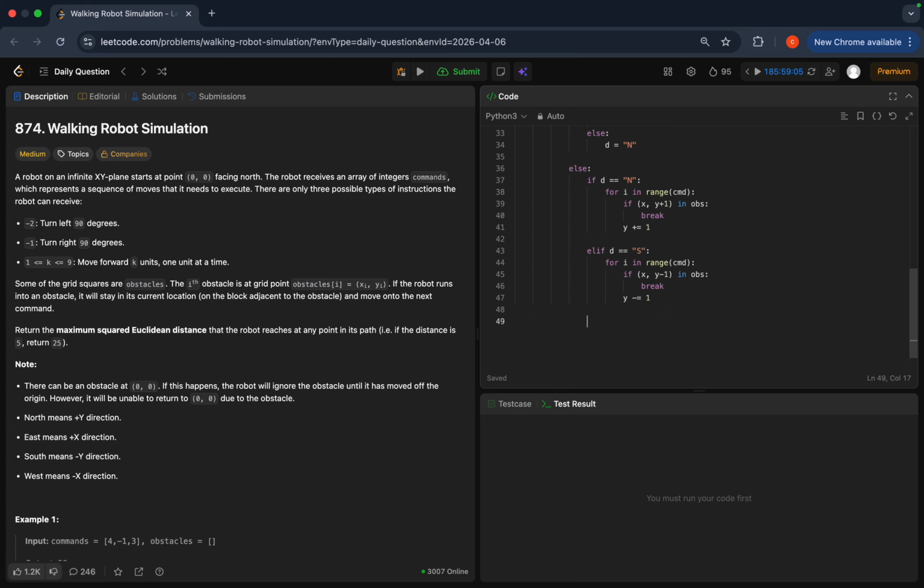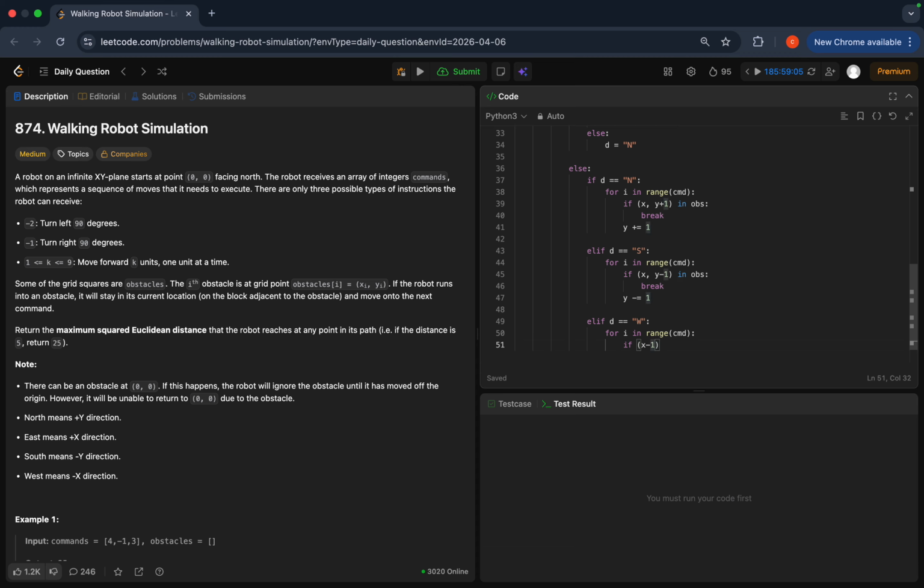So now we are moving to elif d is equal to west. So in this case what happens is we have to worry about the x coordinate value. So again we iterate. So for i in range, command times, and if x, this is x plus 1, east is plus 1, west should be minus 1, yes.